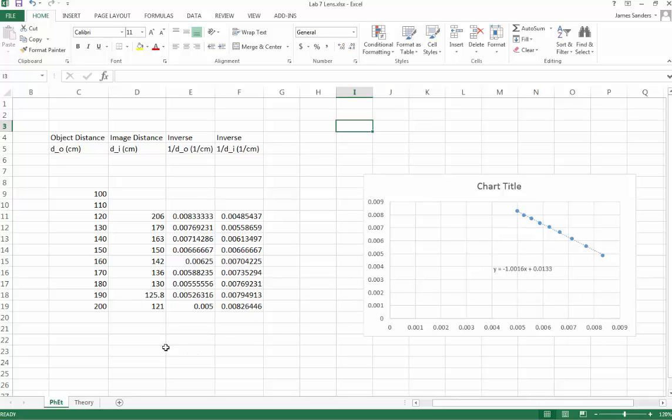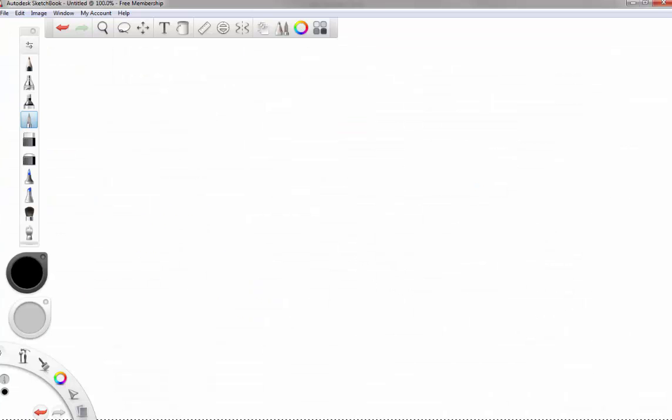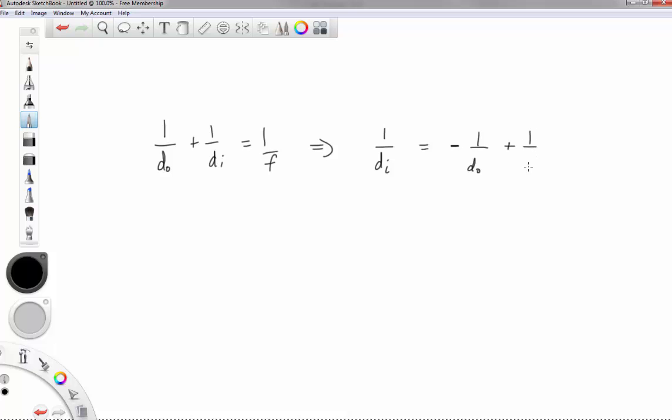This constant number here, if you look at the formula that we're using for all of this, is that we have 1 over dO plus 1 over di is equal to 1 over f. So if you rearrange this formula, 1 over di should be equal to minus 1 over dO plus 1 over f.